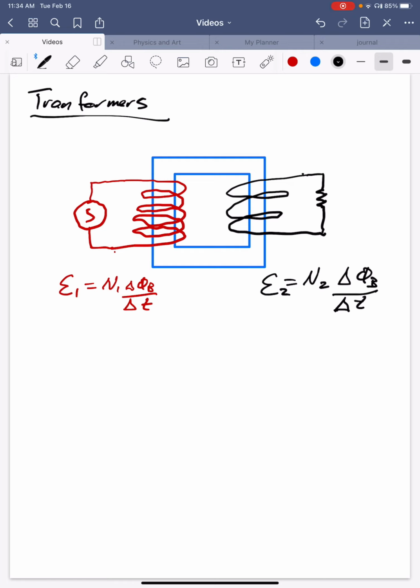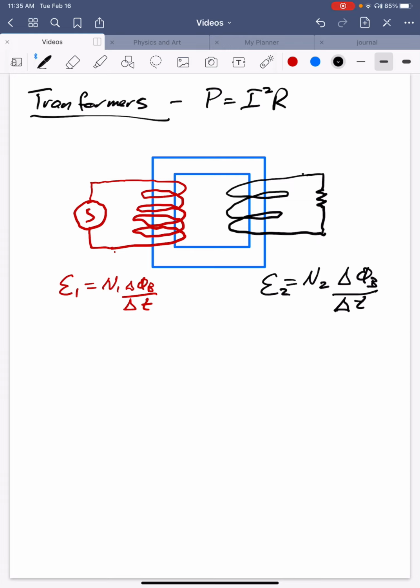All right, so let's take a minute and talk about transformers. One of the most common applications of these ideas are in transformers, and transformers are how we are able to transmit current from a distribution station at very high voltages, which means low current, so we're minimizing our power losses, which are these I squared R losses. And at the power distribution site, we might have voltages of 25 kilovolts all the way up to hundreds of kilovolts.